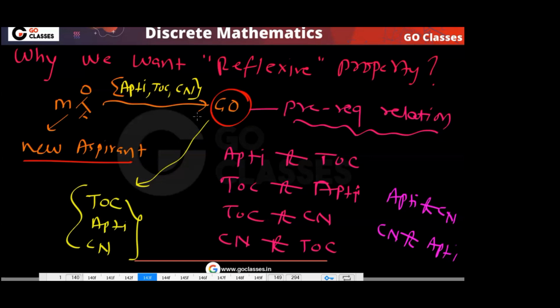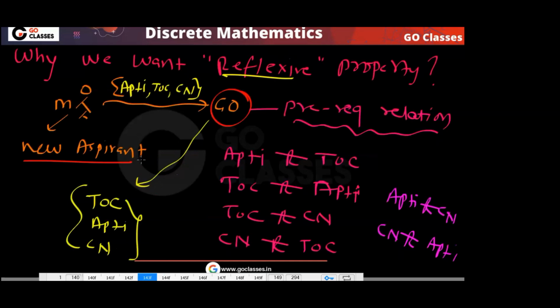So no one is a prerequisite of anyone. But we want the reflexive property. Why? Because you should at least start this subject, right? You should at least study these subjects in any order you want. Without this reflexive property, basically you cannot even study.